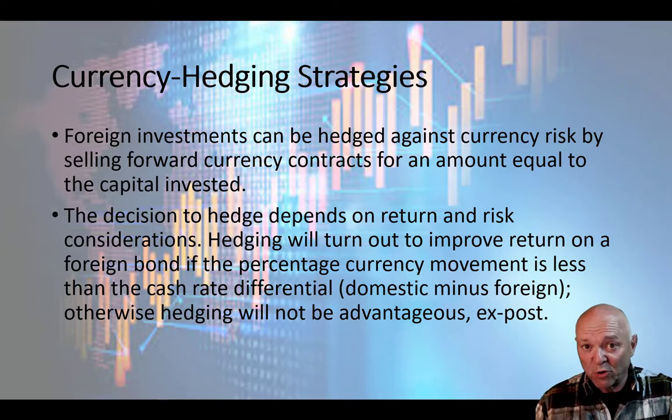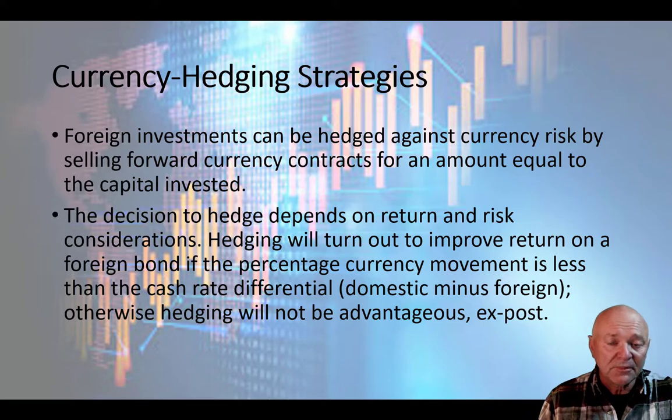The decision whether or not to hedge depends on return and the type of risk that you have. Hedging may turn out to improve the return on a foreign bond if the percentage currency movement is less than the cash rate differential, the difference between the domestic and the foreign rate. Otherwise, it wouldn't make sense to hedge. We'll talk a little bit more about hedging later on in this course.